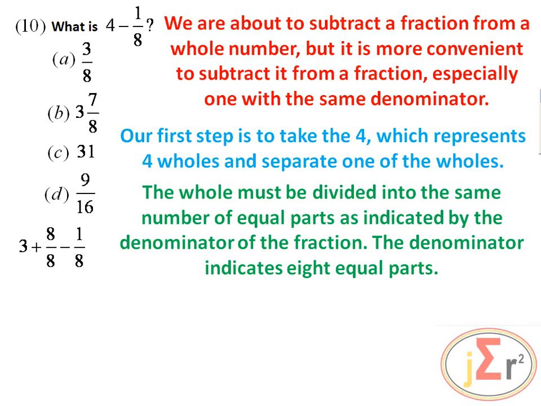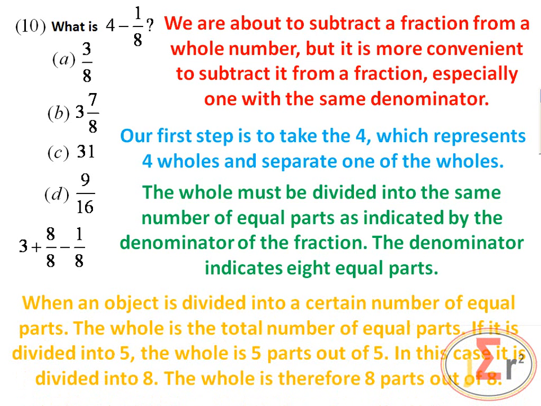So if we have a whole, it may be written as 5/5. It may be written as 4/4. It may be written as 3/3. But because we are subtracting 1/8, then we will write it as 8/8.